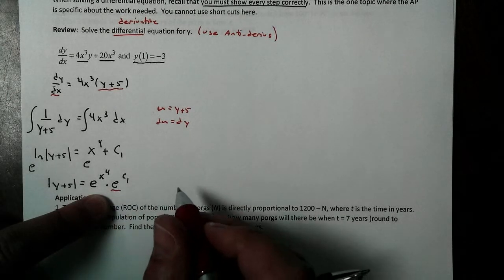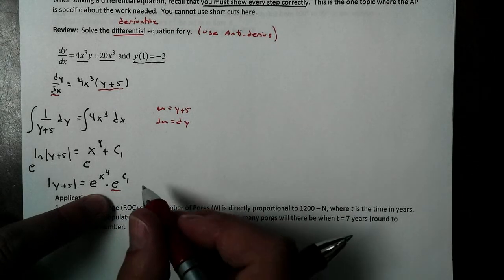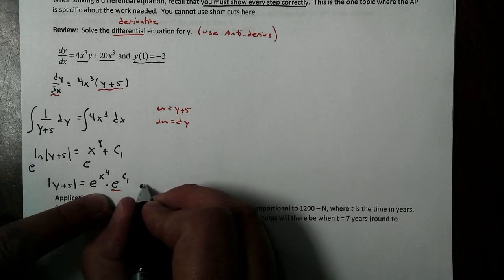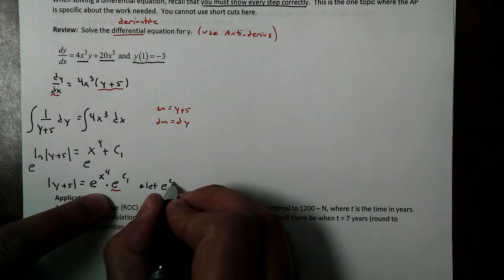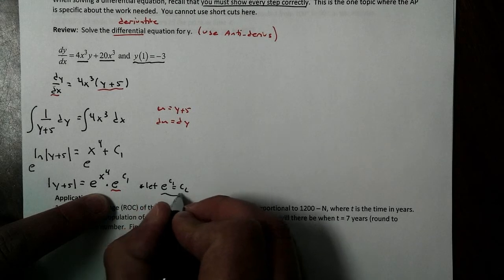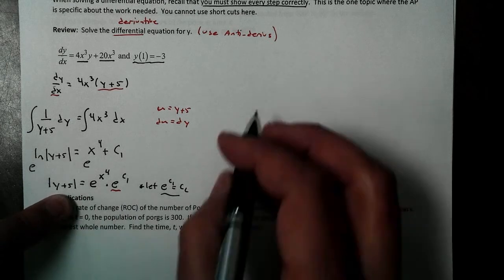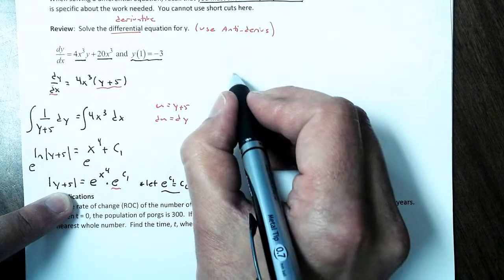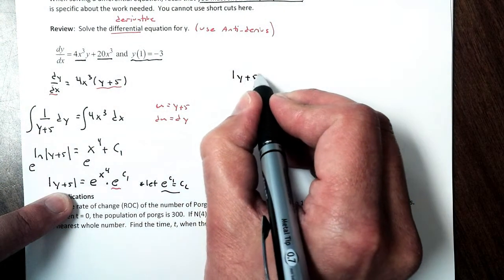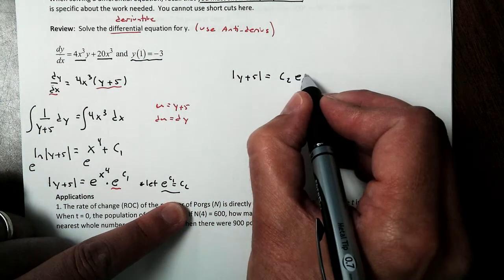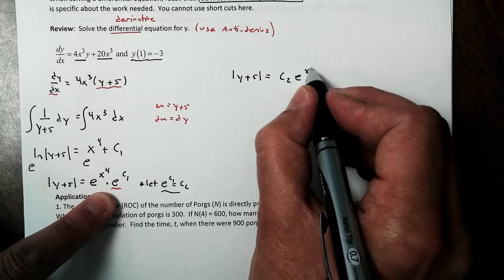And don't forget, we want to rewrite this. We wrote this for a purpose. E to the c1 is just a constant. So we're going to say, let e to the c1 equal c2, and you're going to write that down to get full credit. Now this becomes the absolute value of y plus 5 equals c2 e to the x to the 4th.